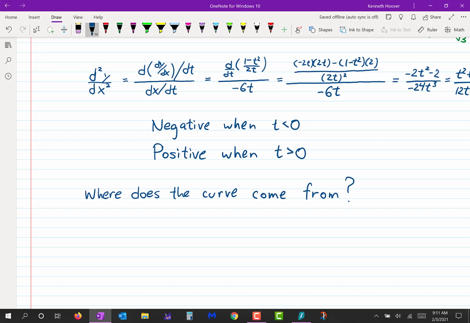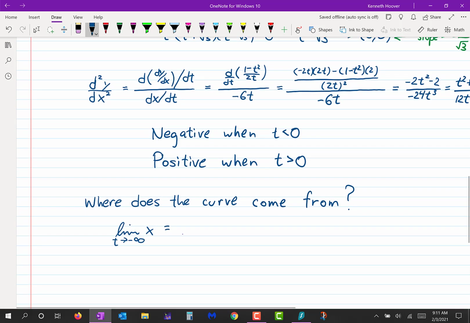Okay, so what I do is I find the limit of x as t goes to negative infinity. Okay, that's a super easy limit. Remember, x is simply -3t squared plus 9.